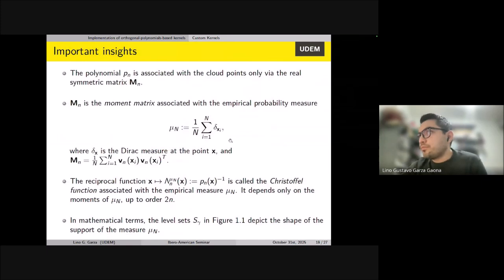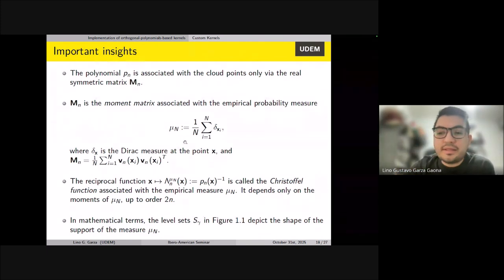So they say that this gives you an idea of how this empirical probability measure constructed with the points, and actually with a fraction of your points, and you can see exactly where they are, and what the distribution is.